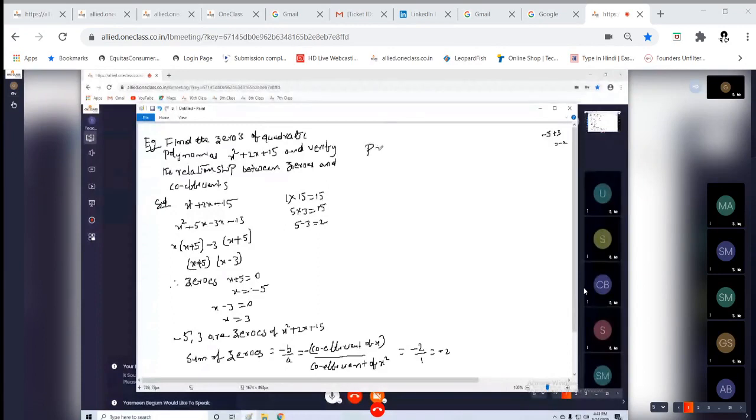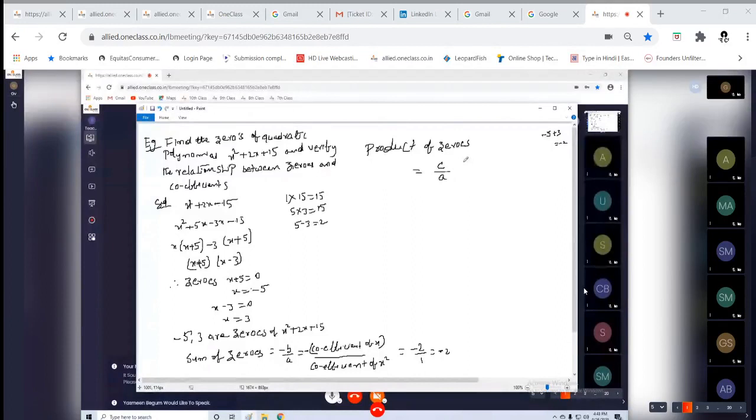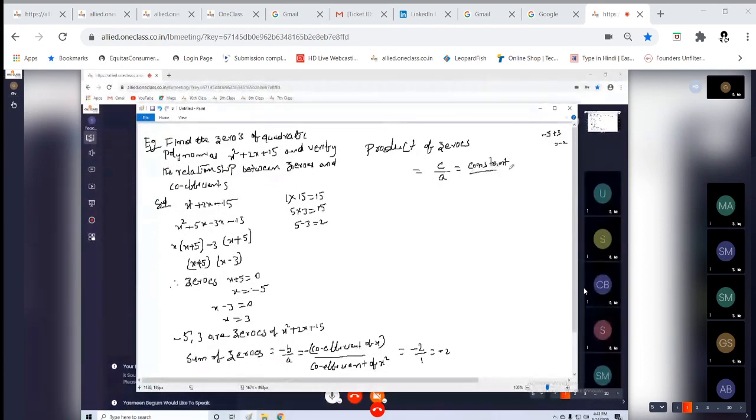Similarly, the product of zeros is equal to what? C by a. That is equal to the constant term by the coefficient of x square.